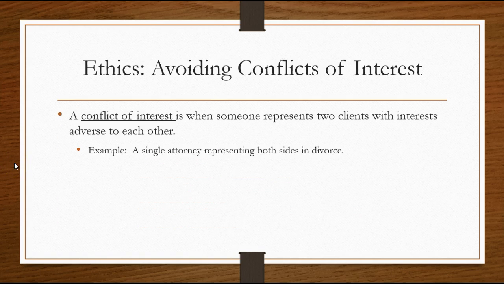All right. The ethics portion of this chapter talks about conflicts of interest. Attorneys and paralegals at all times need to avoid looking like there's a conflict of interest. And so we can't represent the husband and wife in divorce. We can't represent the co-defendants in a criminal case. But there's lots of other times when conflicts of interest potentially come up.